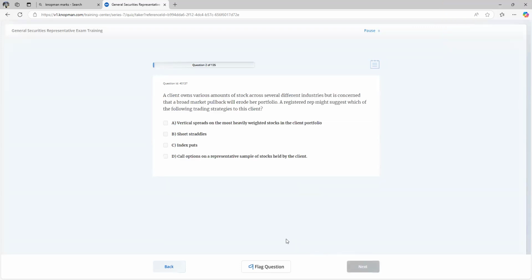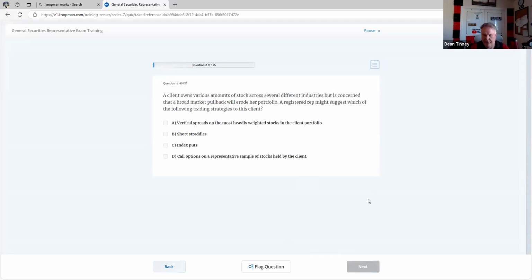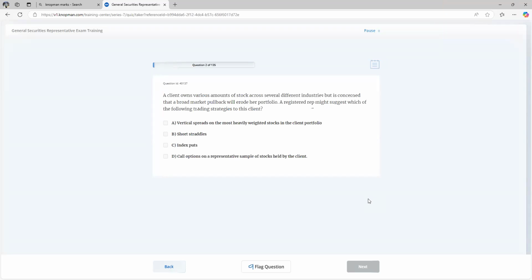A client owns various amounts of stock across several different industries, but is concerned that a broad market pullback will erode her portfolio. A registered rep might suggest which of the following trading strategies to this client? So she owns various amounts of stocks across several different industries, but is concerned that a broad market pullback will erode it.